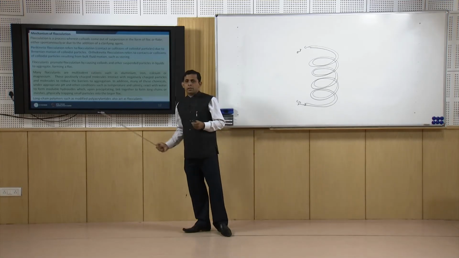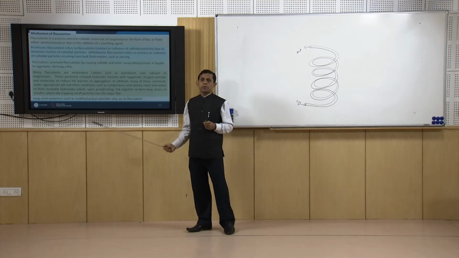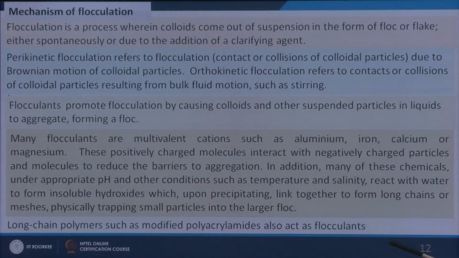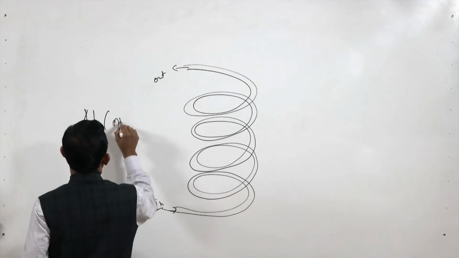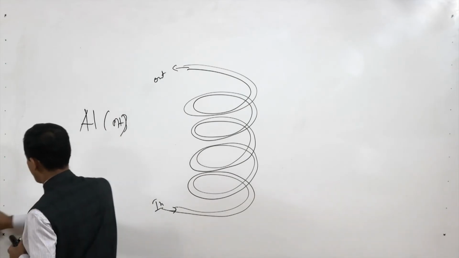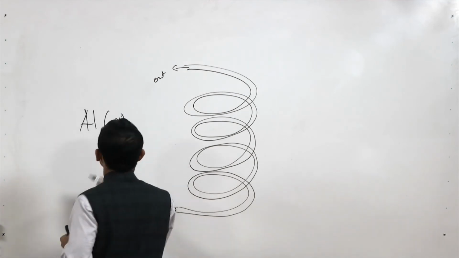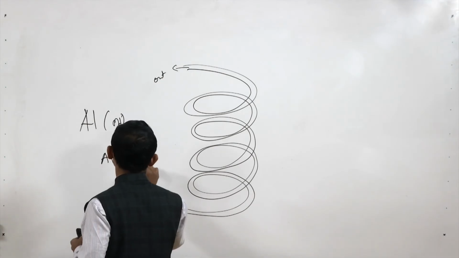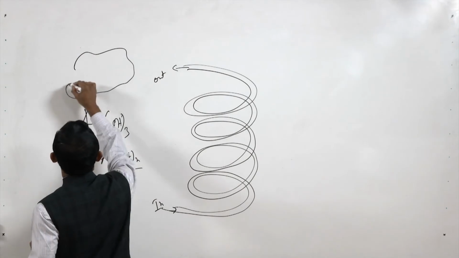And what happens, if we use alum, iron or calcium or magnesium salt, depending upon the pH, these salts form hydroxides. So, aluminum hydroxide, Al(OH)3, it may be Al(OH)n, and gigantic molecules are formed.